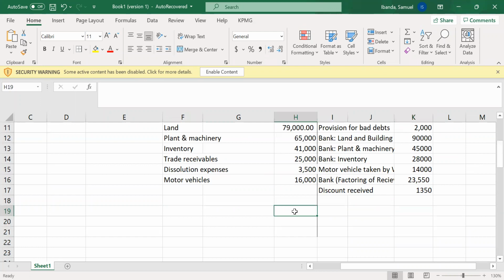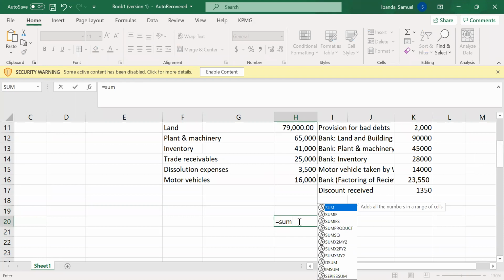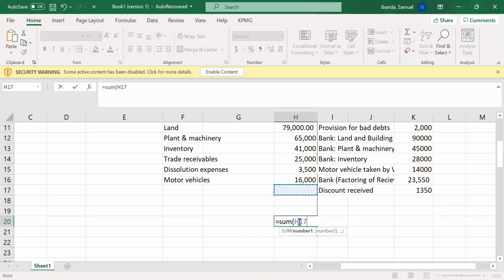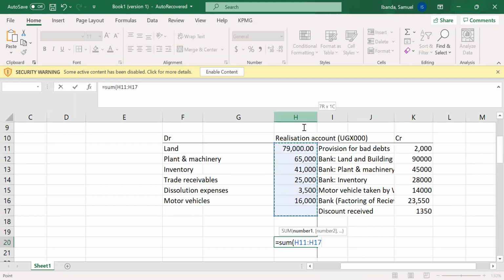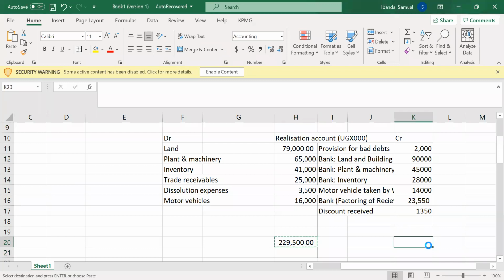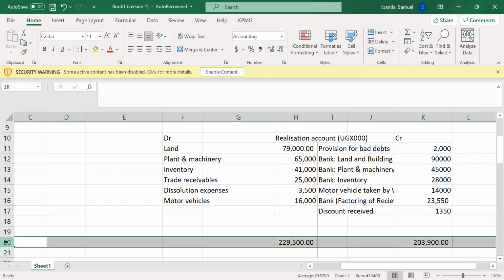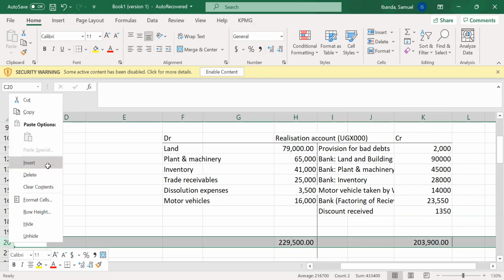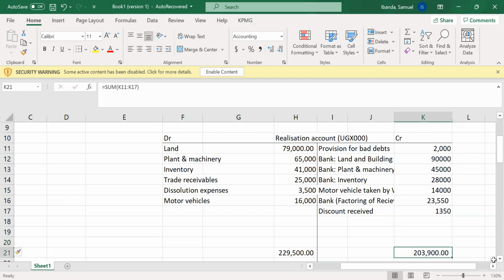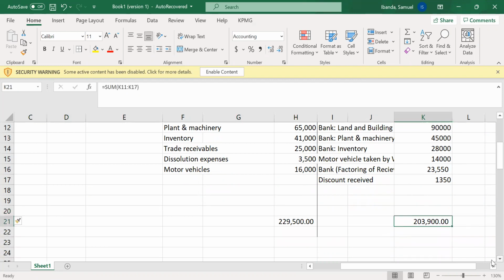So if all the information is there from your analysis, you come and add up this side and the other side. The side that gives you a higher amount dictates what you have as your total, and then you create your balances. What would be the difference?